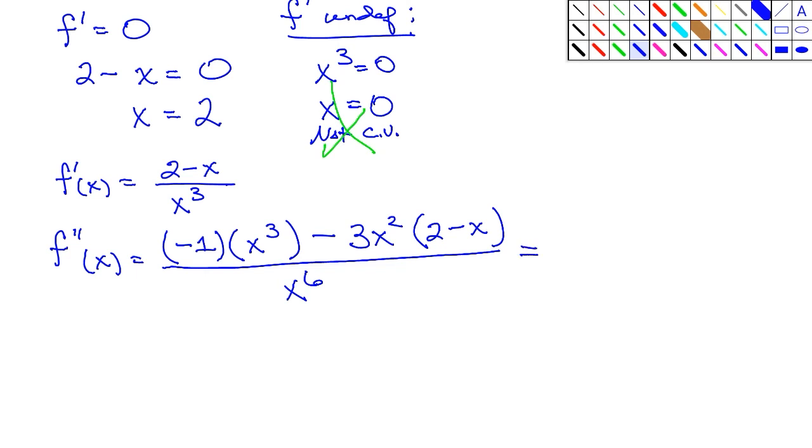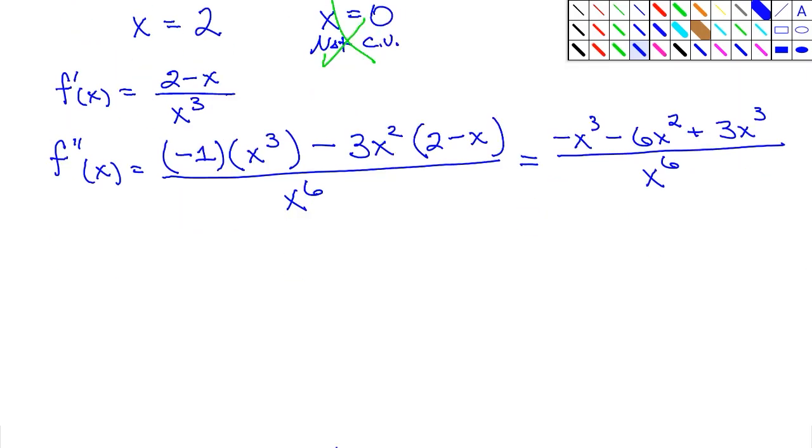Let's simplify. So we get negative x cubed minus 6x squared plus 3x cubed over x to the sixth. That is equal to 2x cubed minus 6x squared over x to the sixth.